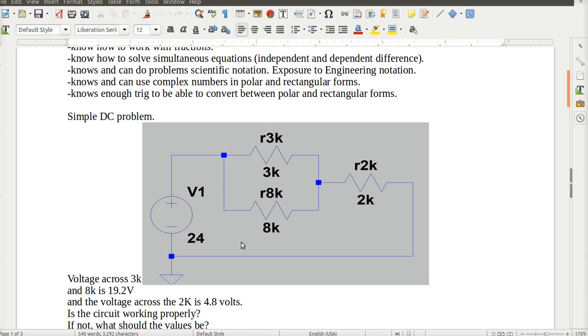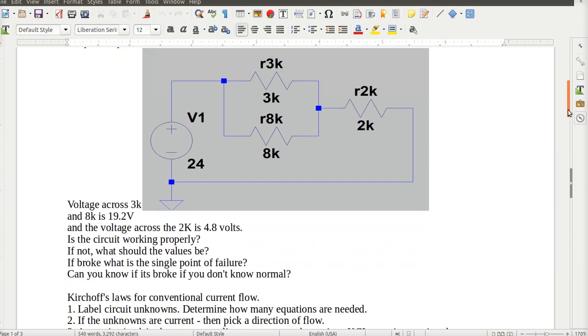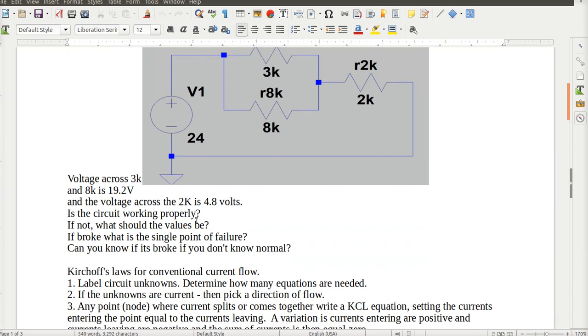My voltage across my 3K and my 8K, I'm telling you up front, is 19.2 volts. The voltage across my 2K is 4.8 volts. And I have these questions below. With these values, is the circuit working properly?